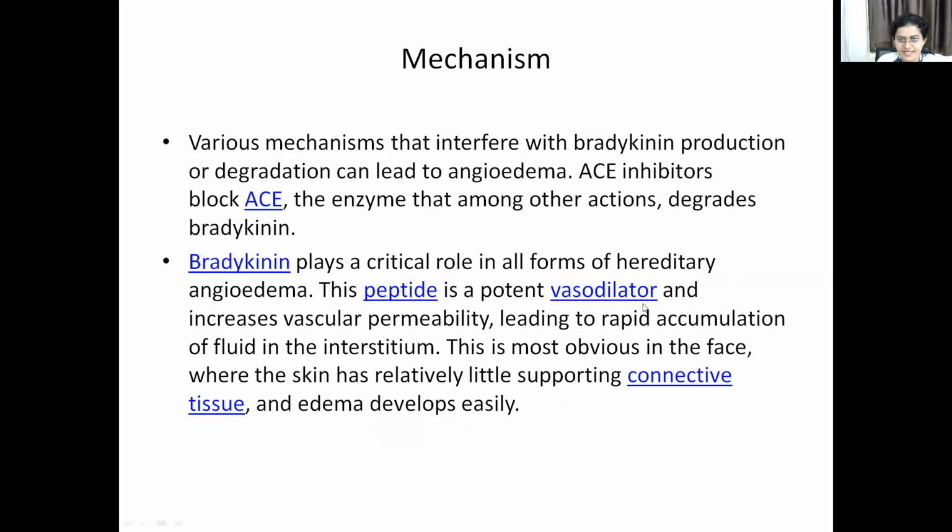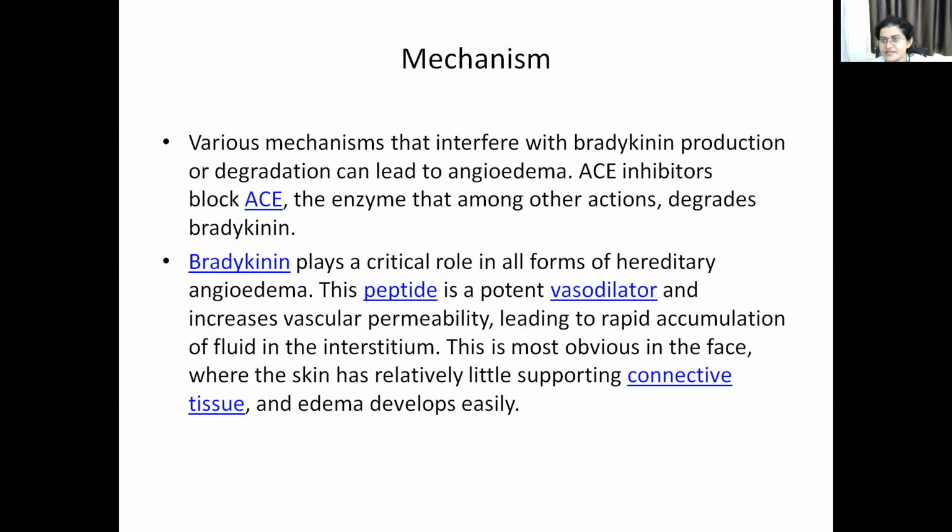This is a vasodilator, so it increases vascular permeability and causes rapid accumulation of fluid in the interstitium. That is more obvious over your face, and also where the skin has little supporting tissue, the edema develops more easily. So ACE inhibitor drugs like captopril, enalapril, ramipril, lisinopril all cause angioedema because they inhibit the ACE enzyme.